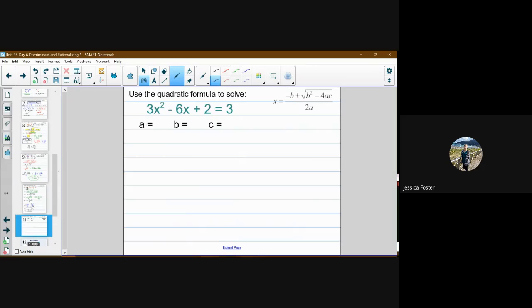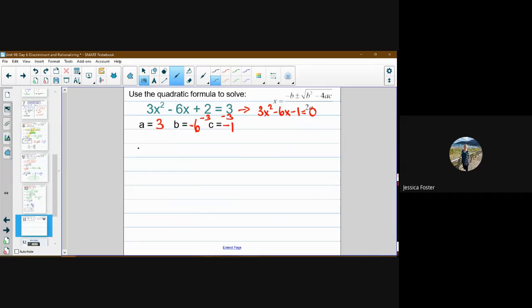Last one for today, and then you can start working on your homework. 3x squared minus 6x plus 2 equals 3. Not in standard form yet, but we can change that pretty quickly by subtracting 3 from both sides. So in standard form, I have 3x squared minus 6x minus 1 equals 0. My a term is 3, my b term is negative 6, and my c term is negative 1.